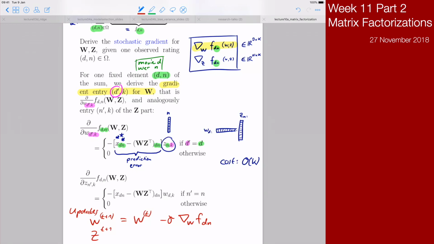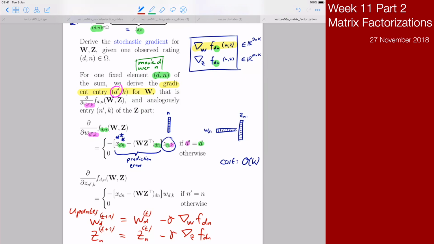So that's the whole algorithm. It's really 2 lines, which is pretty amazing. So in Python, this will actually be 4 lines. And the gradients here, they are 0 everywhere except in the row you observe. So you will actually only update the d's row of your movie matrix and the n's column of your Z matrix.